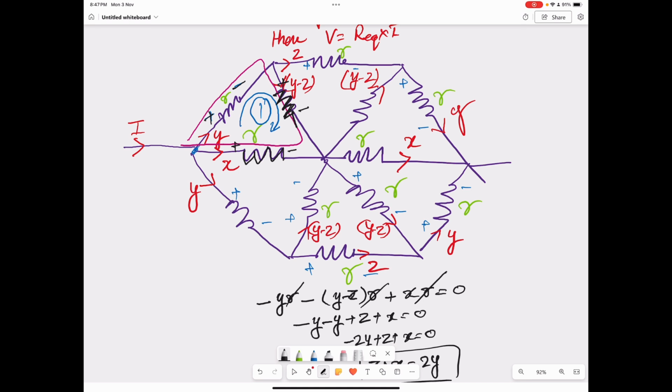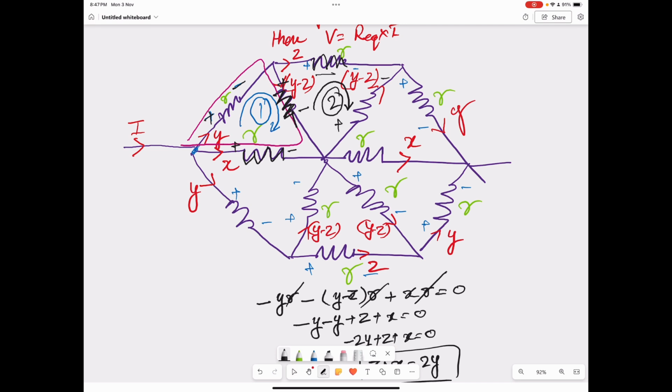So I will go to another loop 2, where we have y and z currents. On the same basis, I will apply the Kirchhoff second law and try to find out a relation between y and z. So if I go like this, in this I am going from positive to negative, so it is decreasing.